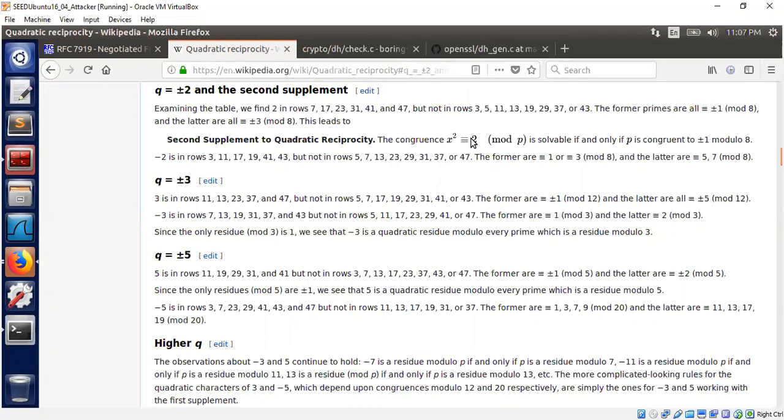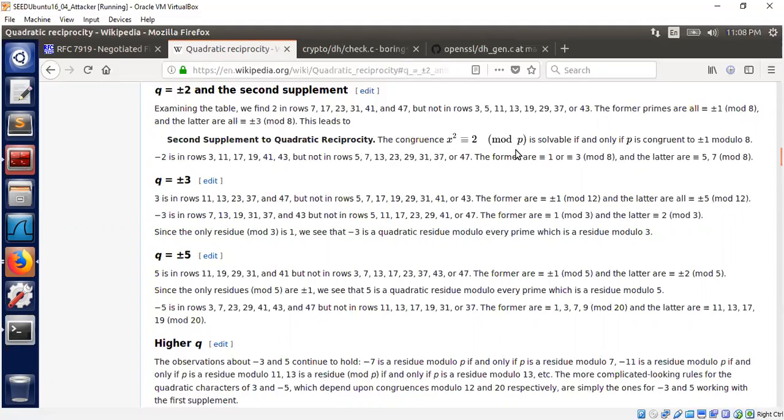So they're basically using G equal to 2 as a generator to generate the entire group, right? This argument, this logic that I just mentioned, is only true if P is a safe prime. Toward the end of this session, I will show you that if the prime P is not a safe prime, then the condition x square not congruent to 2 mod P cannot tell you whether the number 2 is a generator or not.